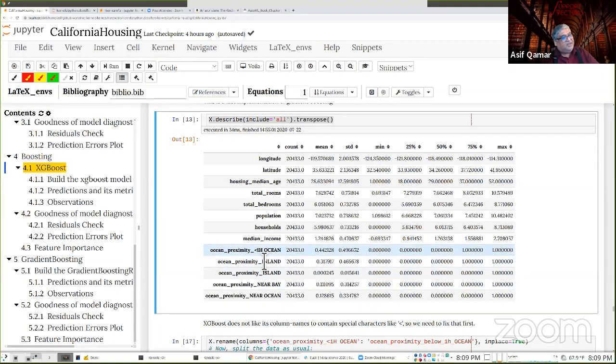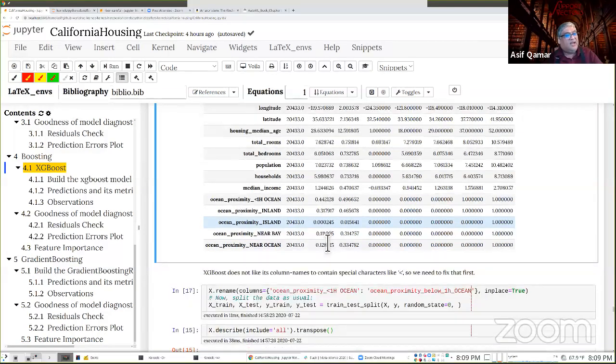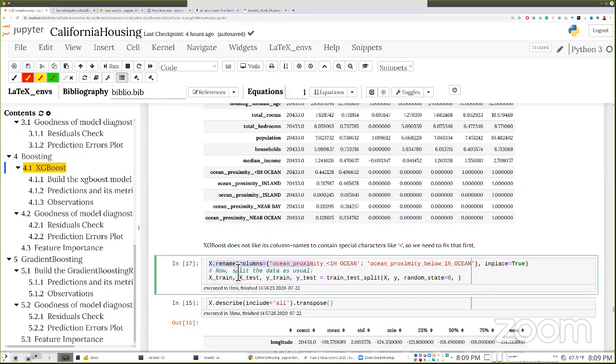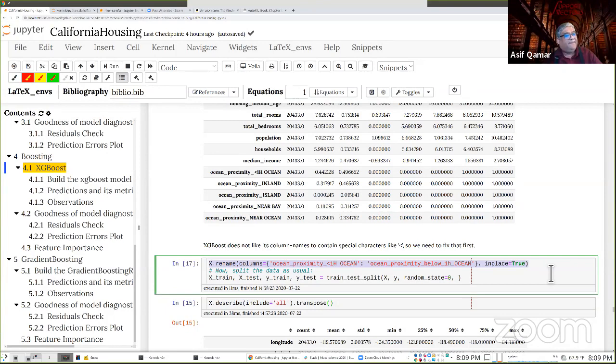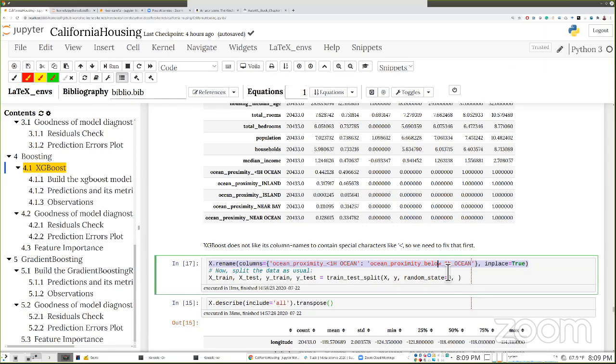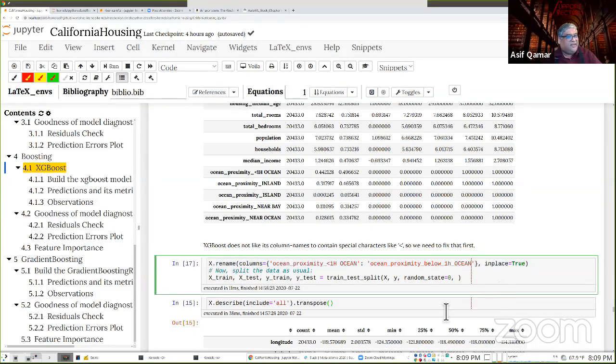XGBoost will fail if any of the features have special symbols like less than, greater than, comma, etc. It expects alphanumeric characters and underscore. So one of the things you'll have to do, especially for it, is you notice me renaming 'ocean proximity less than 1 hour from ocean' to something else that doesn't have the special symbols. And once you do that, you do the normal train test split.